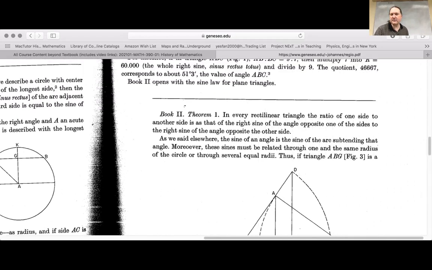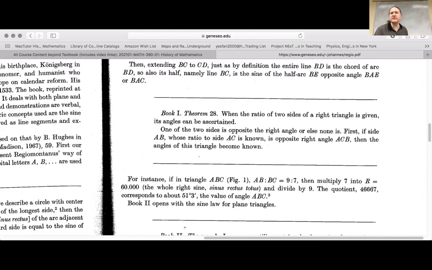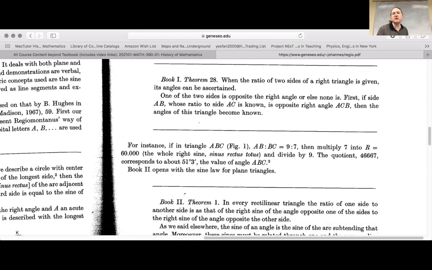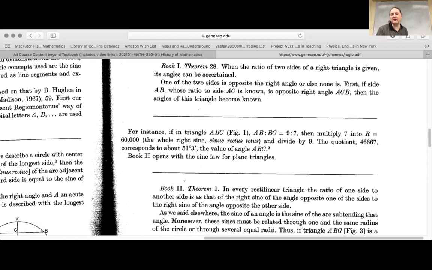I don't think there's a reason to do, oh, there is some reason to look at this. So theorem 28 here says that working with ratios is actually fine. They weren't. They defined sine and cosine to be lengths, not ratios. But working with ratios would be a fine thing to do, they say here.